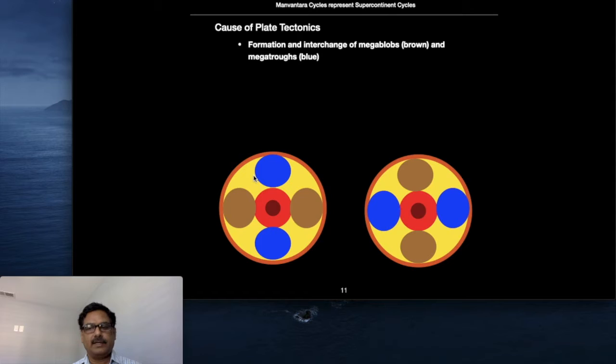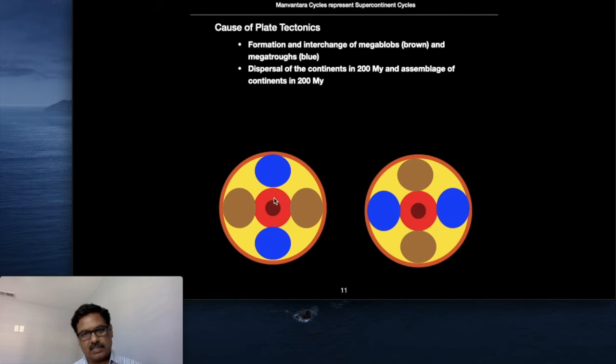This is where the supercontinent forms, on top of one of the megablobs. Then when the megablobs form and break the supercontinent, the continents get dispersed towards the troughs, either this way or this way, and this happens for 200 million years, and then they get interchanged. So blobs become troughs and troughs become blobs.